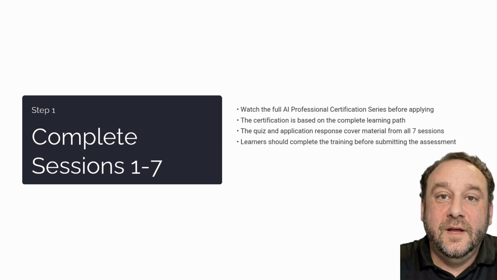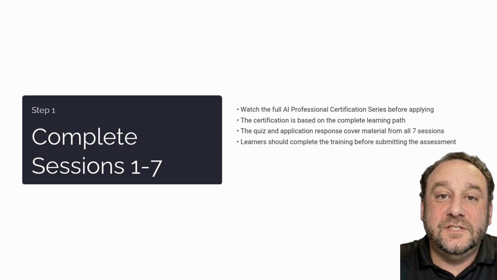The first requirement is simple: complete the full training series before applying for certification. The certification is based on the complete learning path, not just 1 or 2 individual lessons. That means you should complete all 7 core modules before submitting the assessment form. The quiz and the application response are both based on the ideas covered across the entire program.